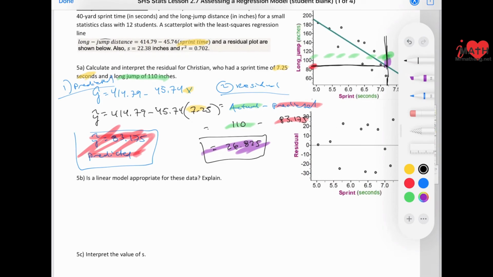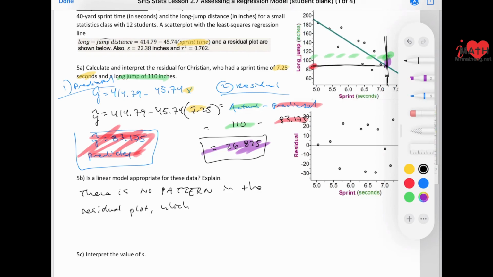5B, is the linear model appropriate for this data? Again, you should be looking at the residuals, the residual plot, and you guys see any pattern? I see no pattern. So there is no pattern in the residual plot. Good or bad?